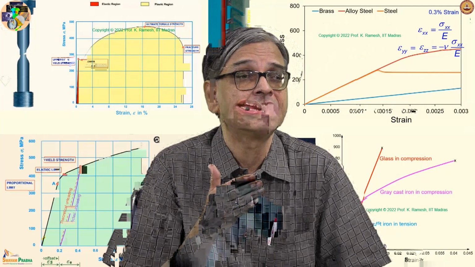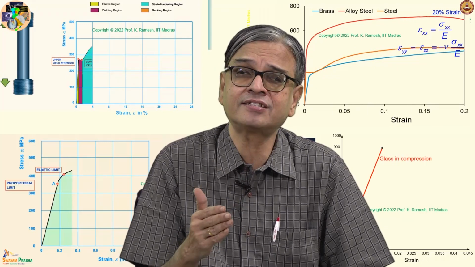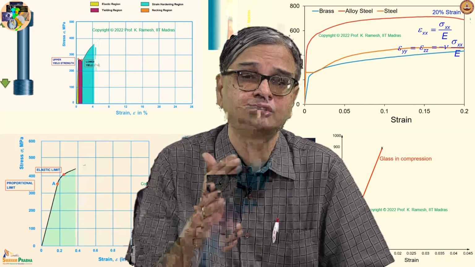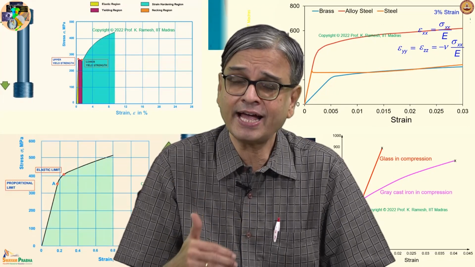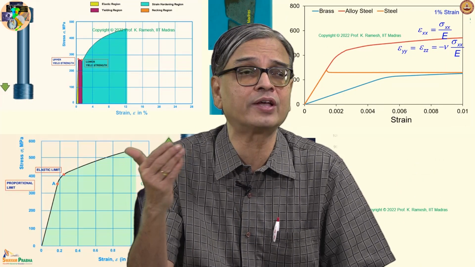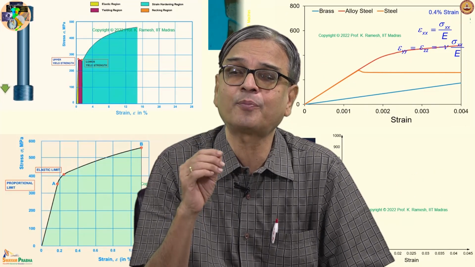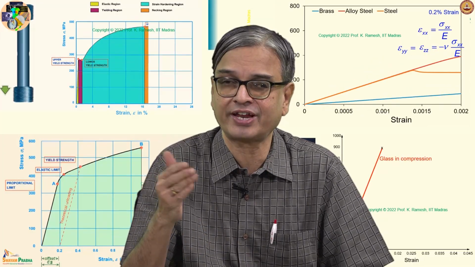In the case of a ductile material, such as mild steel, there is a clear demarcation of where the yielding occurs, and if the curve does not show a clear location, you locate the point by using the offsets. Thank you.